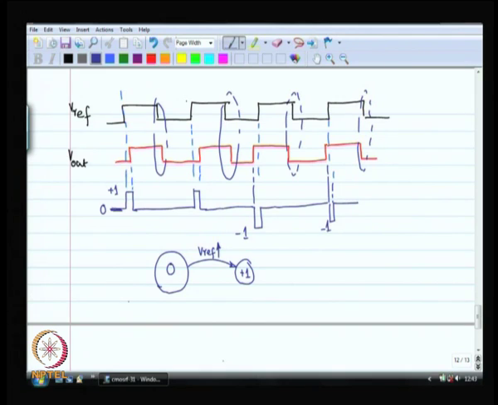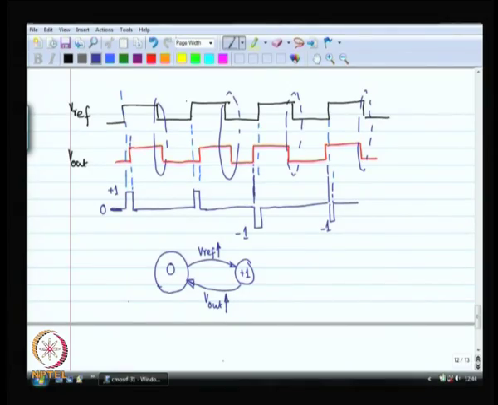And then as soon as a rising edge of V out comes, I want to go back to the 0 state. All right. Again, when Vref rising edge comes, I will generate plus 1, V out rising edge comes, I will go back to 0.